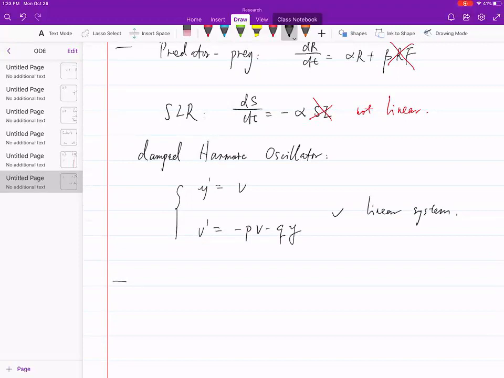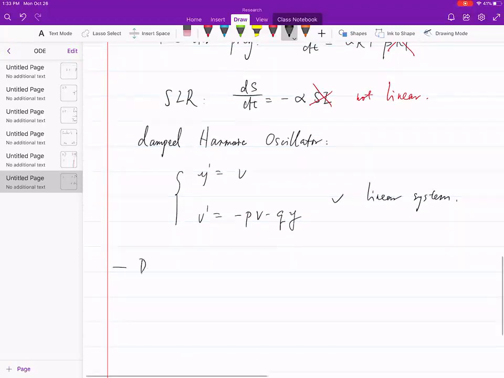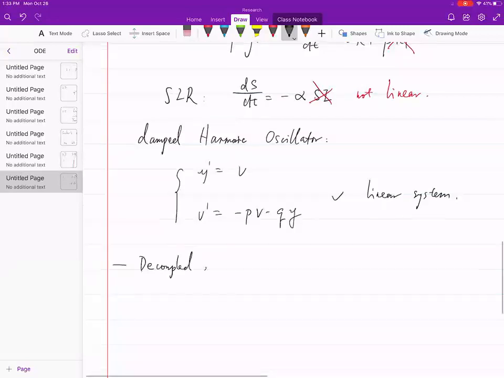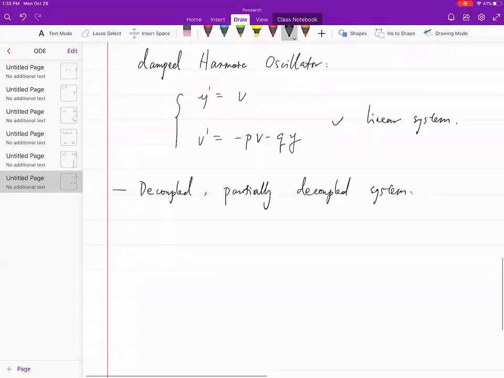Some more concepts we had before, which we talked about, the decoupled system and partially decoupled system. I just want to put it here, so we already know this means a diagonal. A is diagonal.